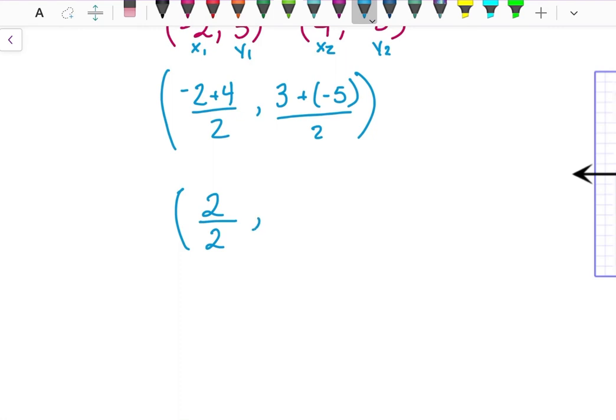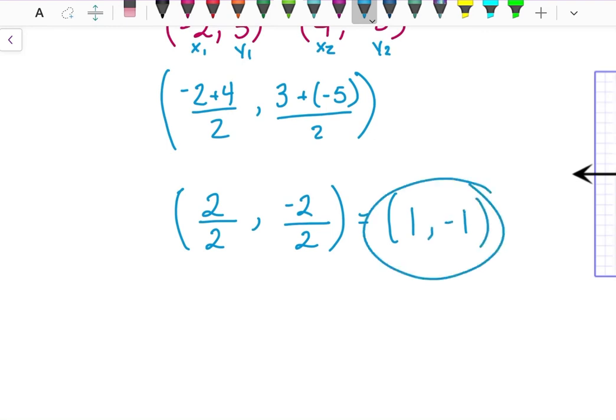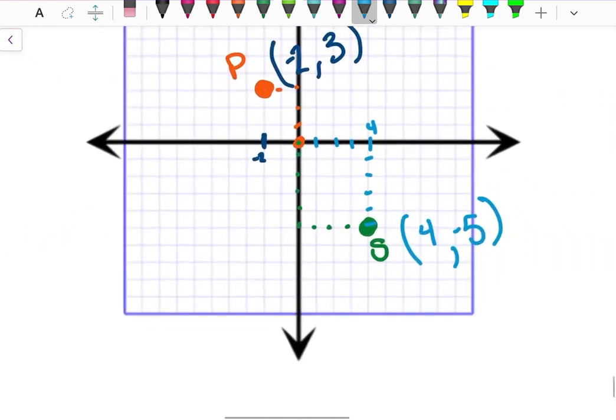And then 3 plus -5 is -2 over 2. Well, 2 divided by 2 is just 1. And -2 divided by 2 is -1. So that's my midpoint. And if I plot it on here, 1, comma -1 right here, you can see that's right in the middle.